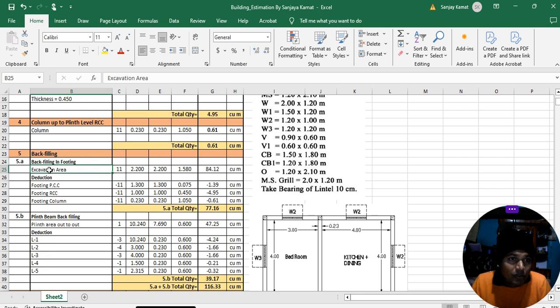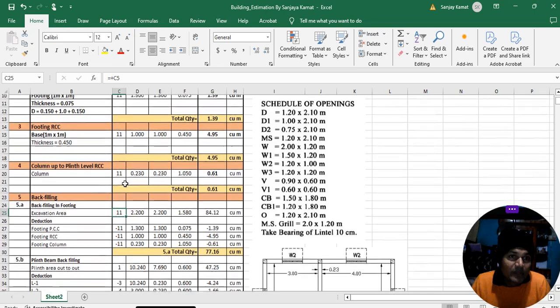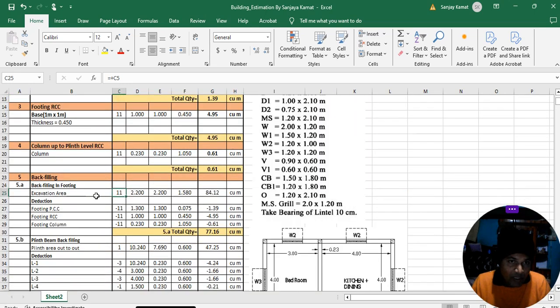So now we have to do the excavation area. For backfilling, we will take the number of excavation areas as 11, with length 2.200 meter, breadth 2.200 meter, and thickness, which is the depth of excavation, 1.580 meter.